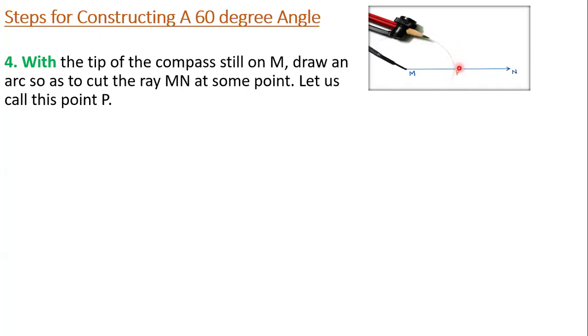This arc is going to intersect our ray, and the point at which this arc crosses the ray, we call that point P.